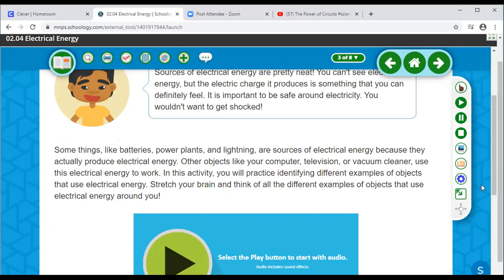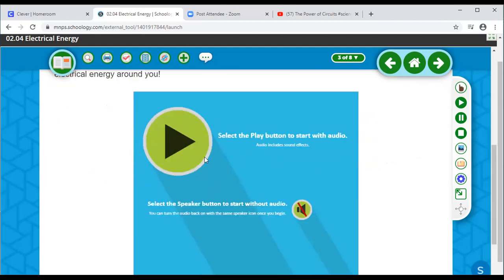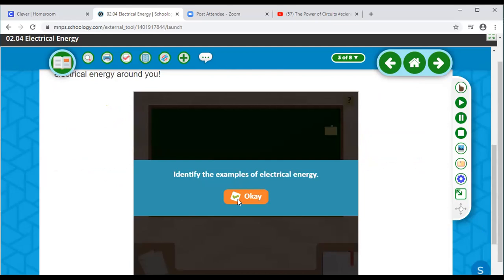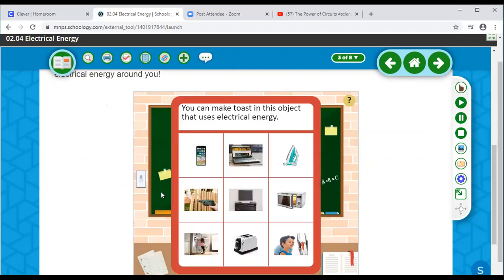In this activity, you will practice identifying different examples of objects that use electrical energy. Stretch your brain and think of all the different examples of objects that use electrical energy around you. Okay? You can make toast in this object that uses electrical energy.